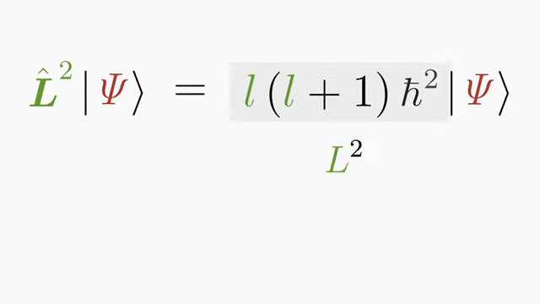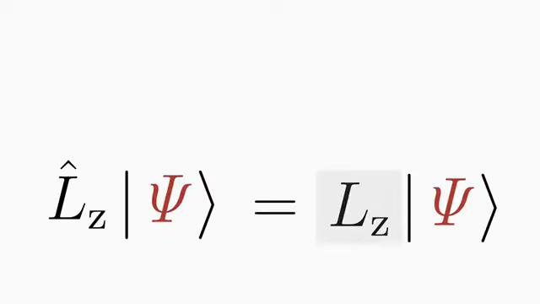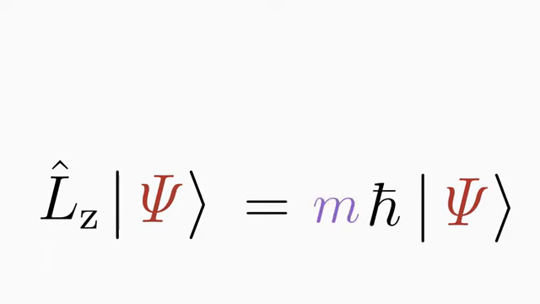So the total angular momentum squared can only have these values. Thus, also the magnitude L of the total angular momentum is quantized and can have only these values. The eigenvalues Lz of the Lz operator are a multiple of h bar. Lz is equal to m h bar.